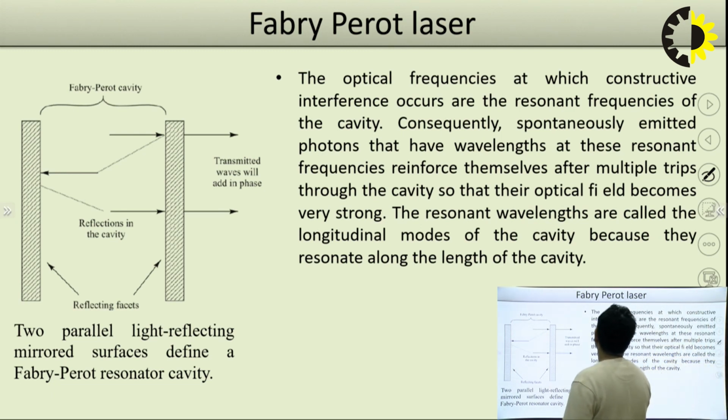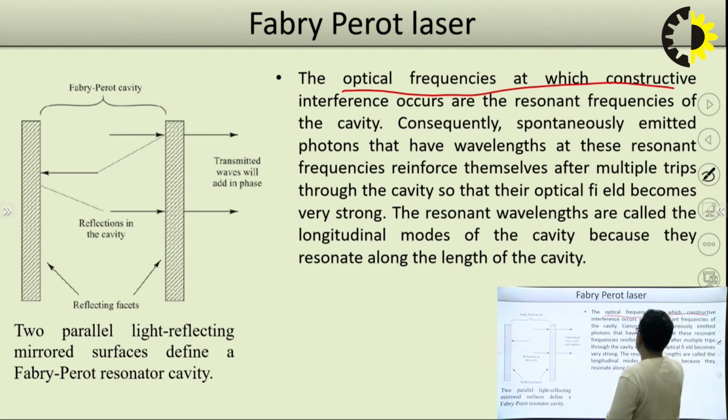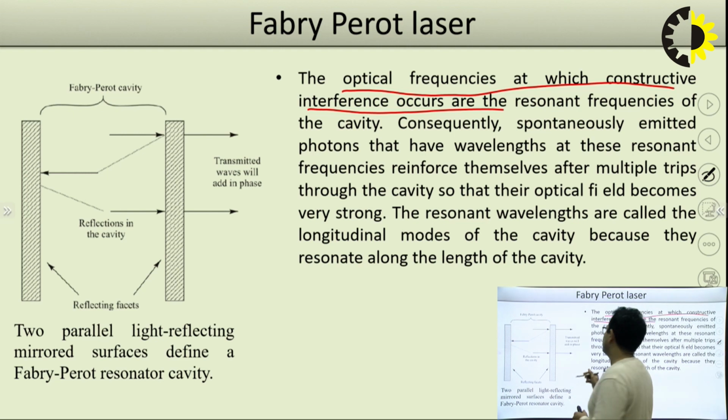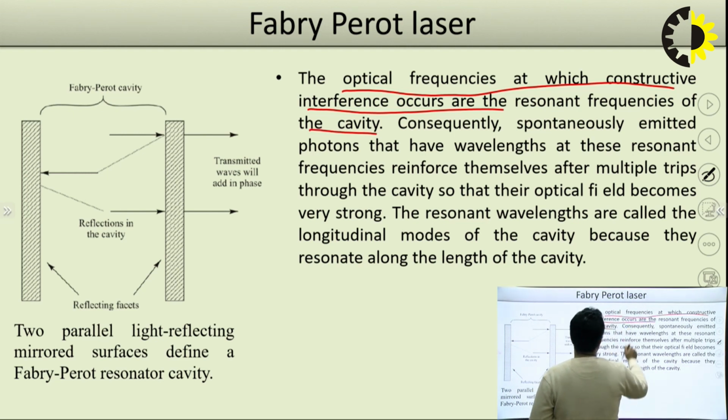Now, the optical frequencies at which constructive interference occurs are called the resonant frequencies of that cavity.